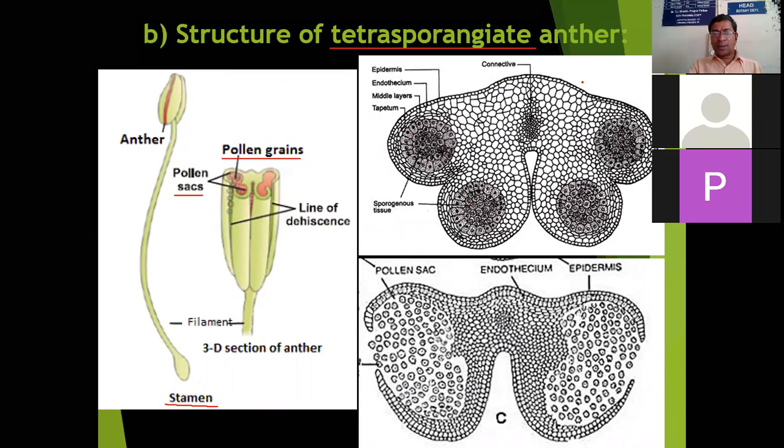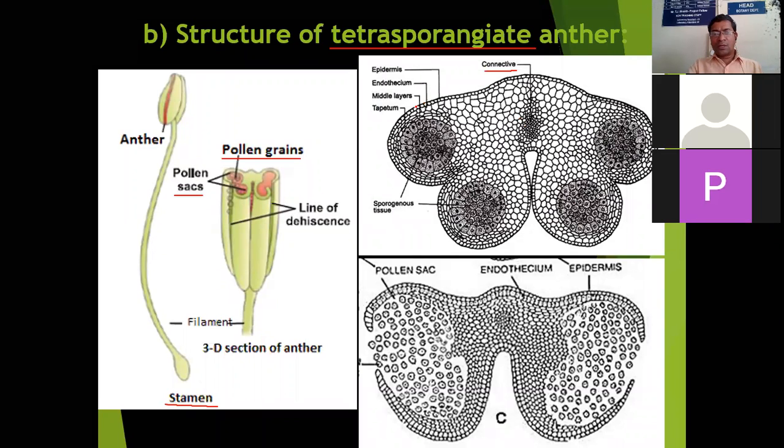Now this tissue is nothing but the connective tissue. This connective connects the filament, and whatever water and food material is collected by the plant is supplied from this connective to all these tissues present in the tetrasporangiate anther.